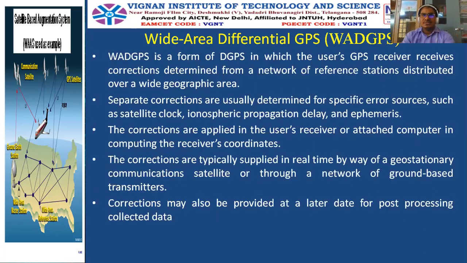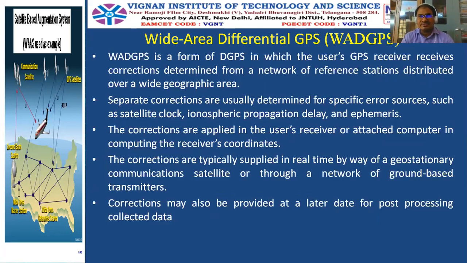Right. And the next one is the wide area differential GPS. It is a form of differential GPS in which the user's GPS receiver receives the corrections determined from a network of reference stations. Underline this word: from a network of reference stations distributed over a wide geographic area.